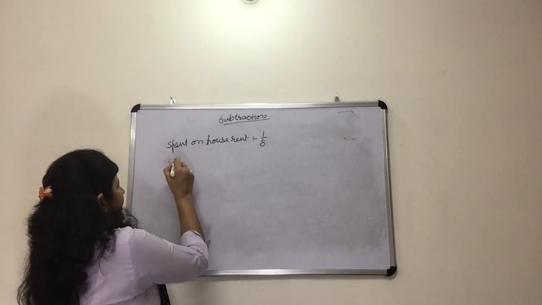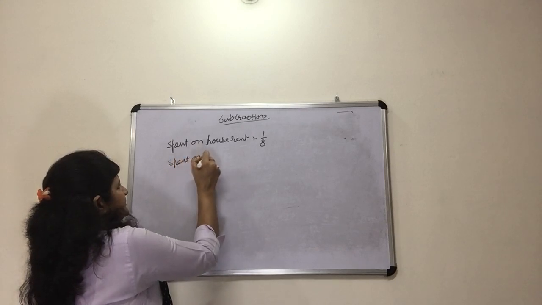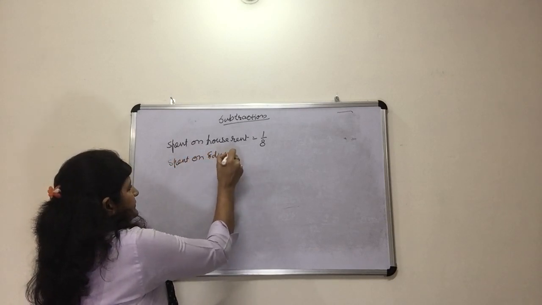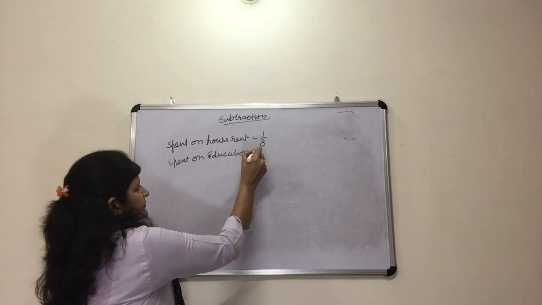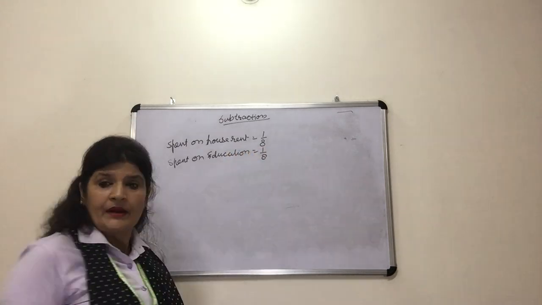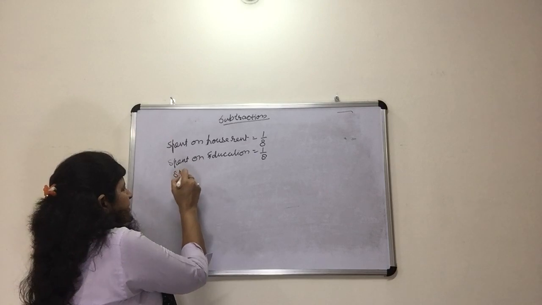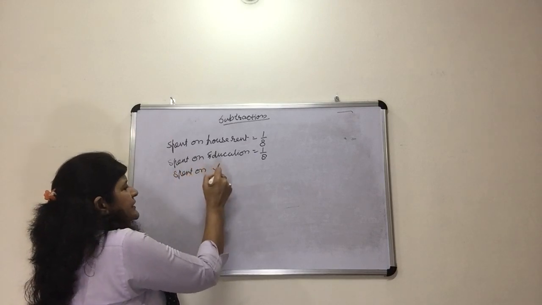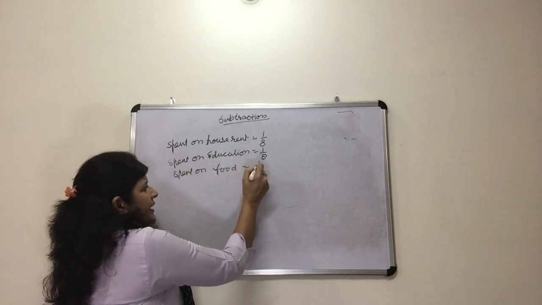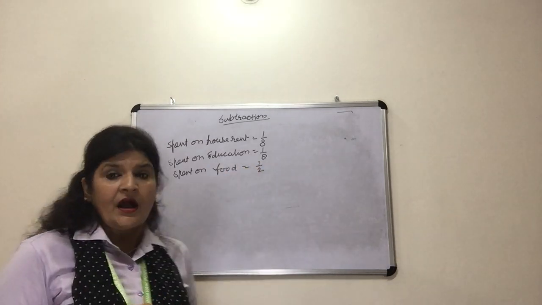So spent on education, that is 1/8. Now the question says 1/2 on food. He spent 1/2 on food.